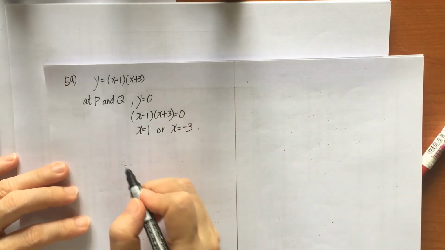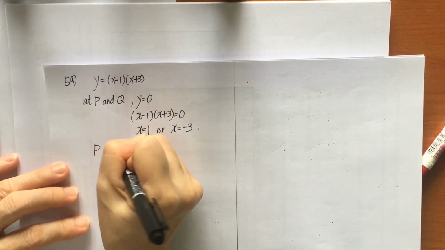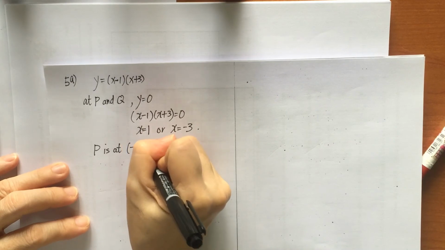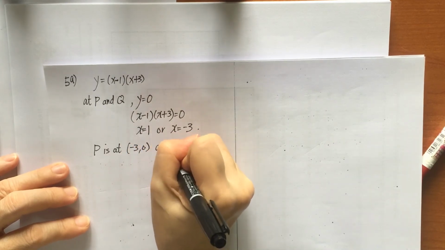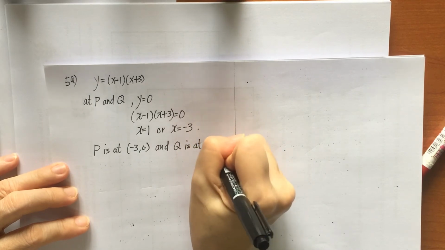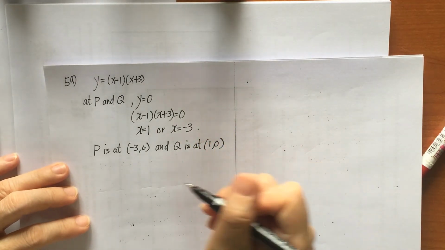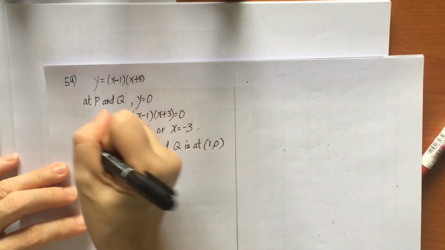So P is at negative 3 and 0, and Q is at 1 and 0. So this is part 1 and part 2.